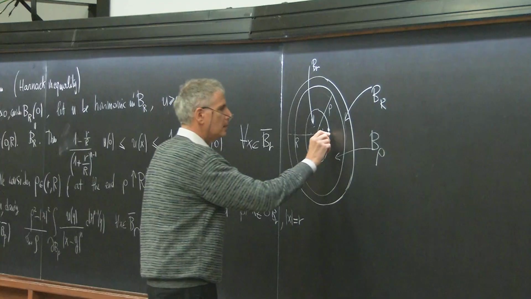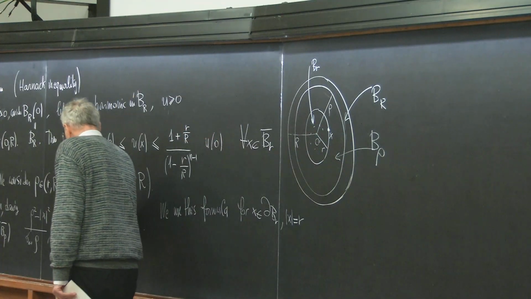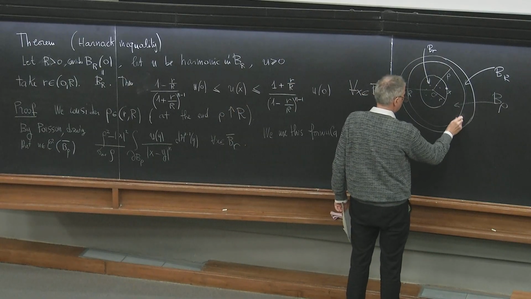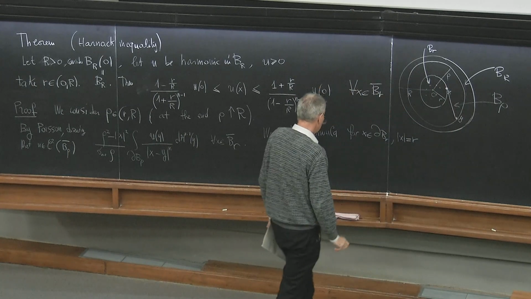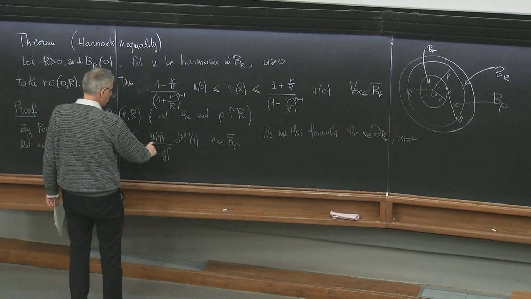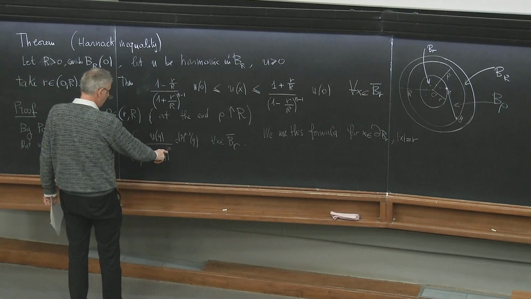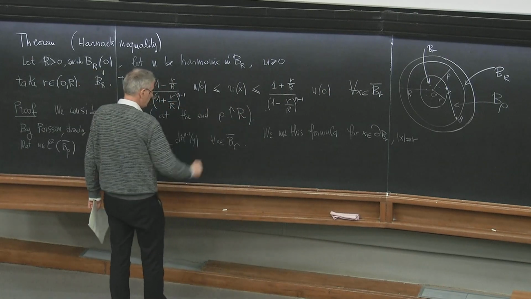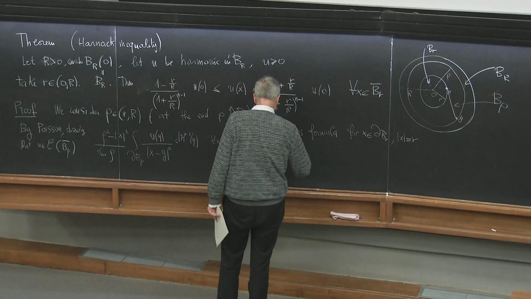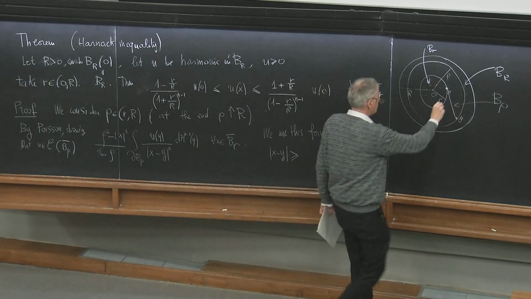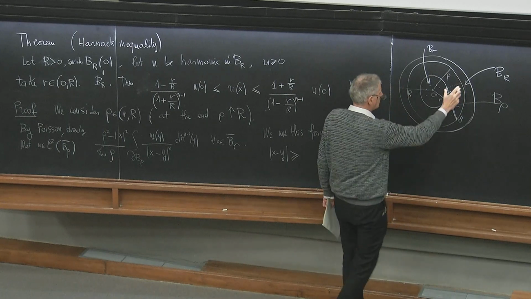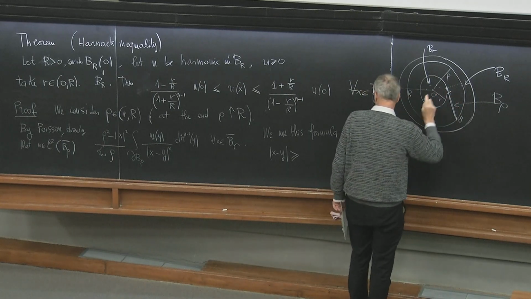So here we have x, y is running on the boundary of the intermediate ball, and then we look at the distance, because we want to eliminate this denominator, and so we have to bound from below and from above this denominator in order to get both the inequalities. So let's start to bound it from below. So this distance here is surely larger than or equal to this distance here, which is the difference rho minus r.